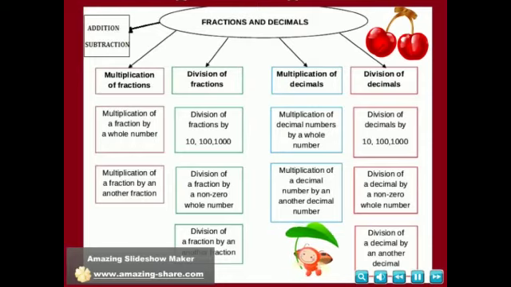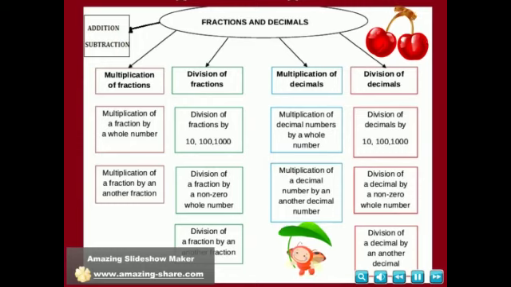In that we had seen multiplication of a fraction by a whole number and multiplication of a fraction by another fraction. And we had seen division of fractions, in that division of fractions by 10, 100 and 1000.